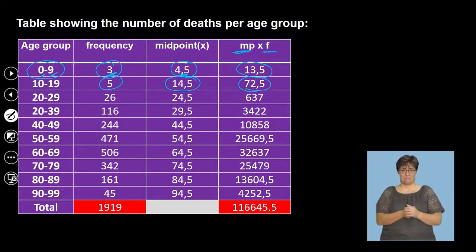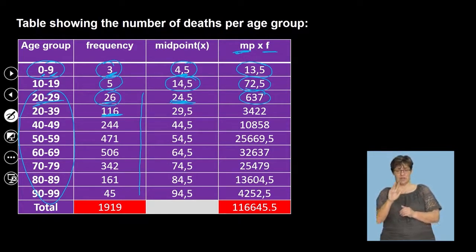We do similarly for all the others, finding the midpoint, then multiplying midpoint times the frequency. Then the frequency for 22 to 39 is 116. 116 people died from COVID-19.